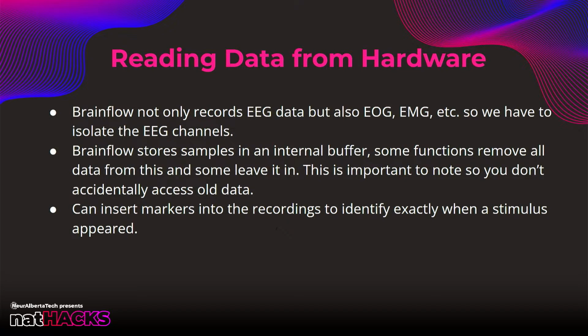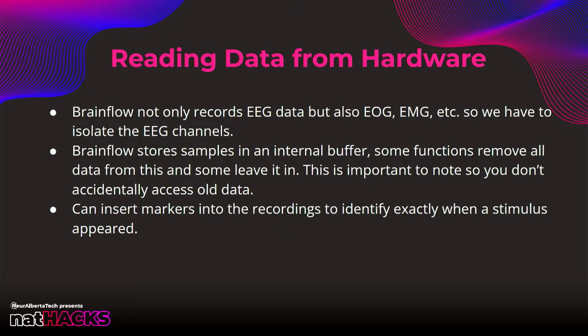And another thing is, as mentioned earlier, BrainFlow not only records EEG data, but it also records other biosignal data. So if you're just interested in EEG data, you have to isolate those channels, because when you get your output, it's going to have a bunch of channels, and some of those will be other biosignal data that's non-existent. So you can just get rid of those.